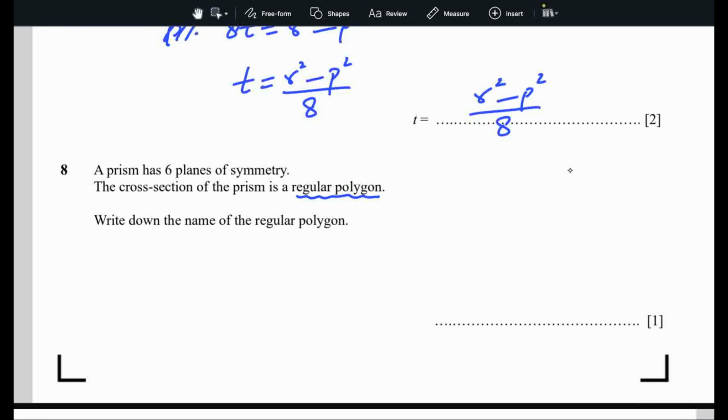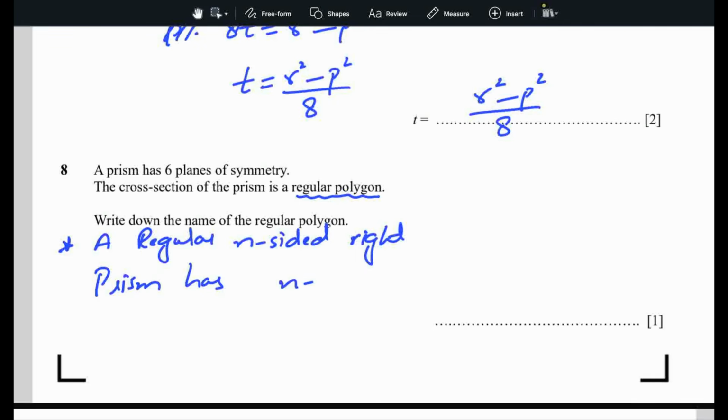So there is an important point you must understand: a regular n-sided right prism has n plus 1 planes of symmetry.